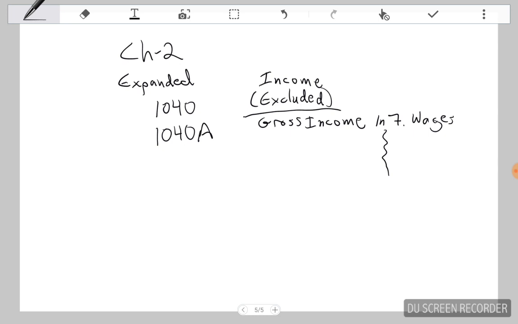You won't be taxed on that, at least at the federal level. So that's what they're talking about there. But remember, the 1040 begins with the gross income section.